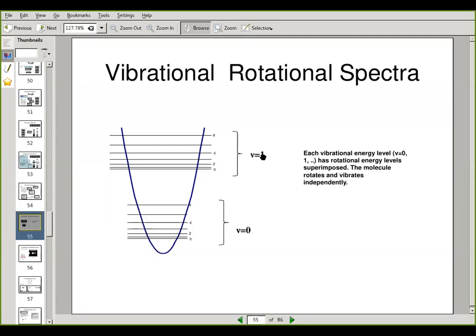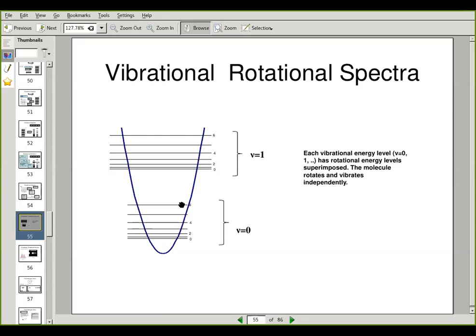But of course, a molecule doesn't have to just vibrate. It can rotate at the same time, and those rotations are quantized, and so you will have various rotational energy levels that are superimposed. So you can see that if a molecule is right here, it's in vibrational energy level 0 and rotational energy 0. If it's at the next one up, it's in vibrational energy level 0 and rotational energy level 1.